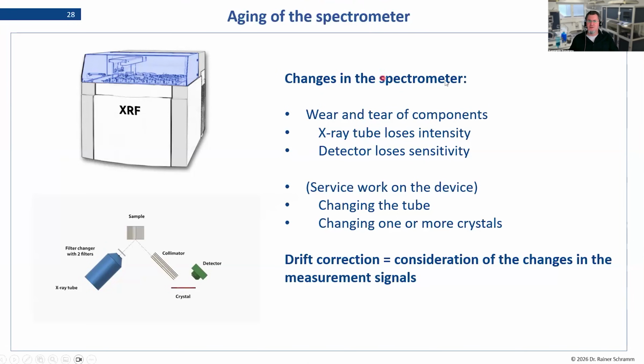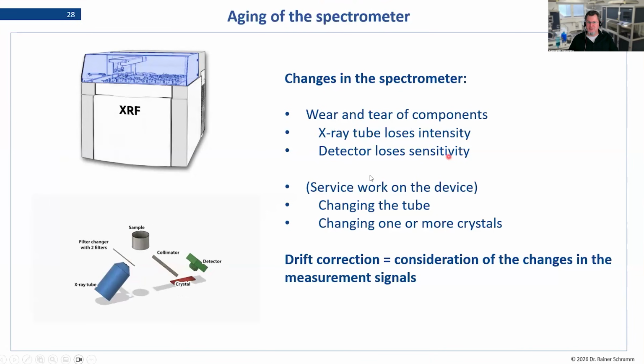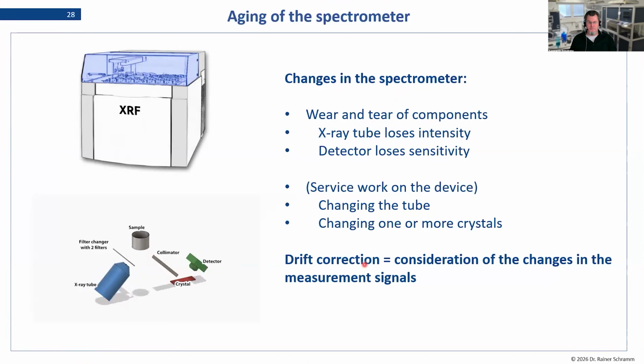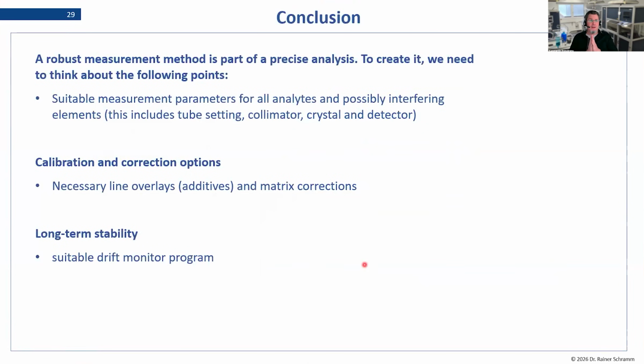So changes in the spectrometer, for example, the wear of your X-ray tube or your detector just aging and losing a bit of sensitivity, need to be corrected with a drift correction or monitoring sample that is basically measured multiple times and always calculates your signal back to day zero, the day of the calibration. So this is something at the end of the process to keep in mind.